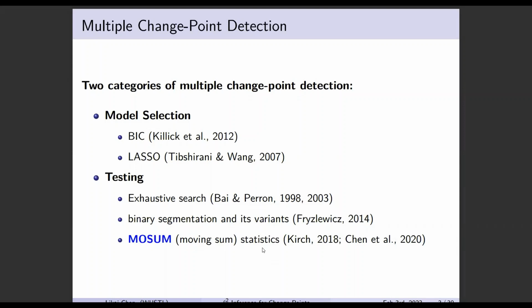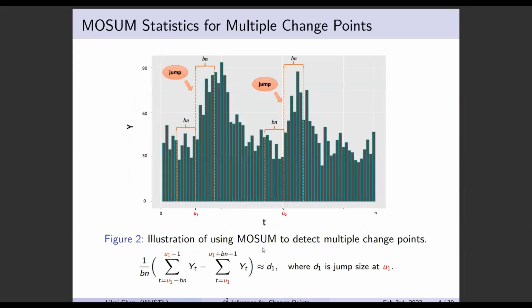So let me briefly introduce the idea of moving sum. Here is a picture. Suppose we observe a univariate time series, just a one-dimensional time series. The idea of moving sum is that we consider a moving window. Here, those red lines correspond to a window.